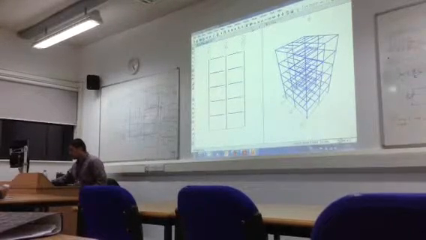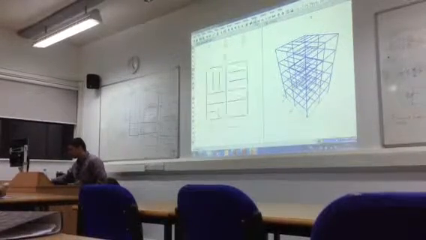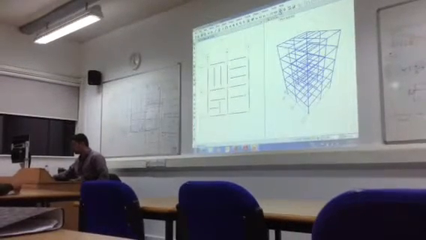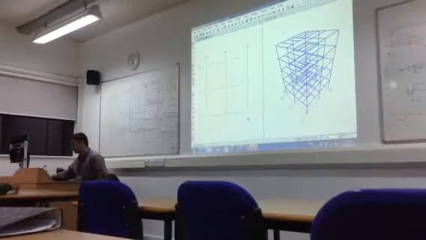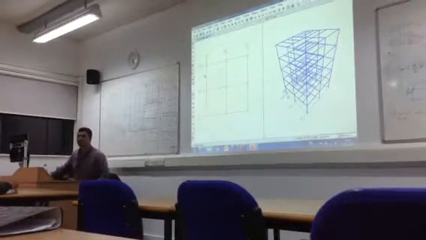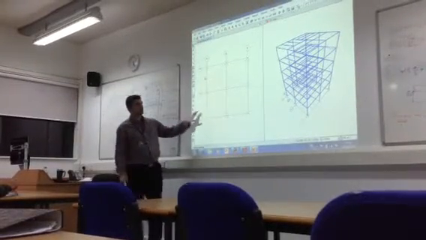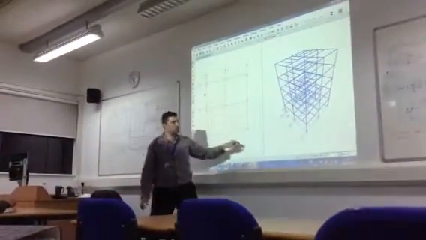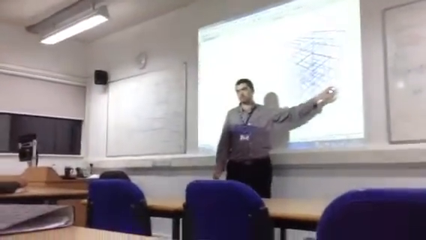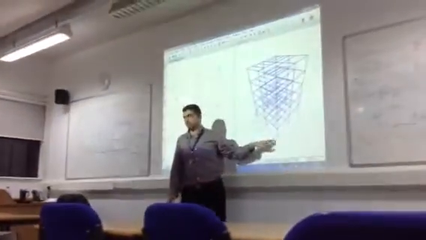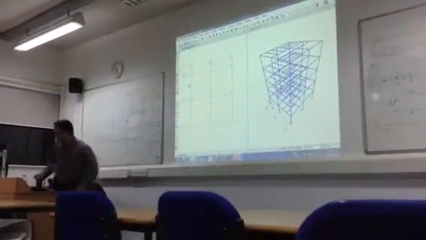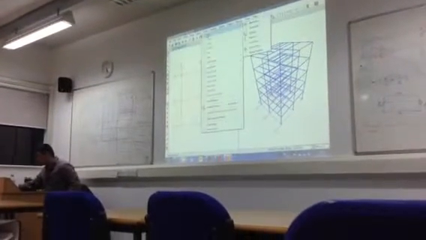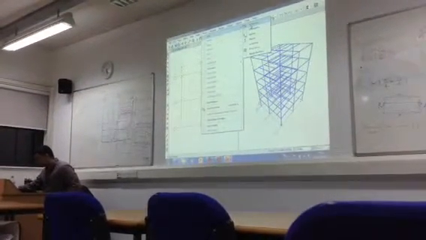Now, the next step is to define the support reactions here. You again click these. If you drag these, you select these nodes at the bottom for column base. Okay. So you go to assign again, joint, and restraints.